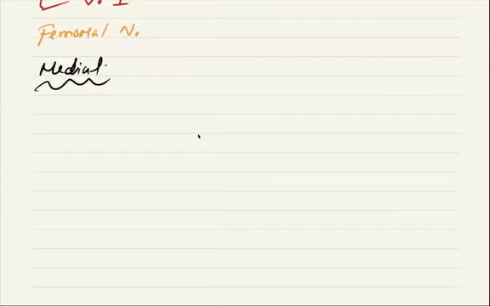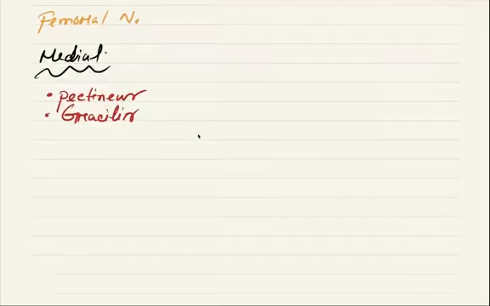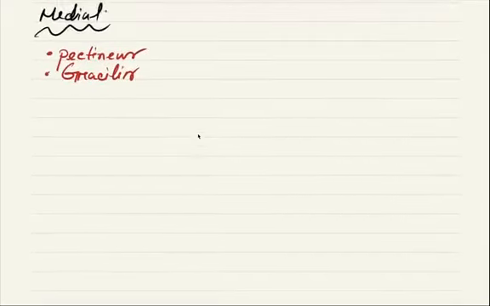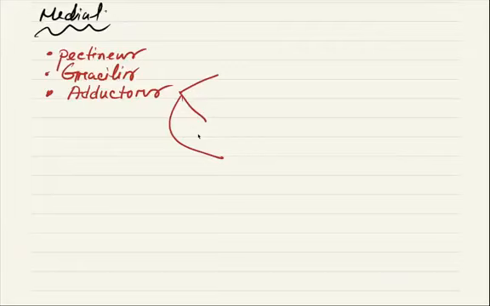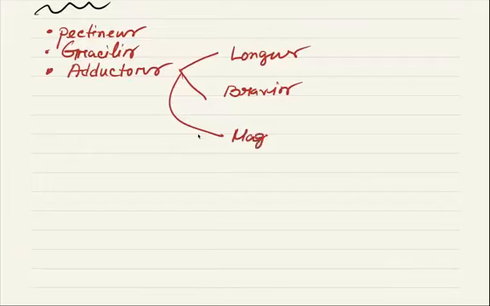Next, the medial. On the medial aspect, what are the muscles we have? We have the pectineus, we have the gracilis, we have the adductors. In the adductors, there are three, right? Longus, brevis, and magnus.